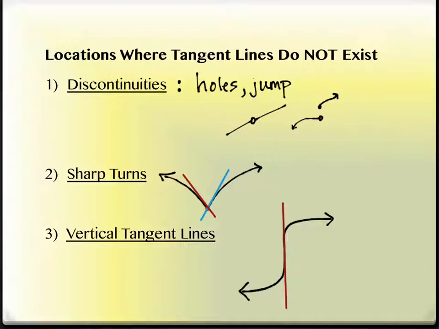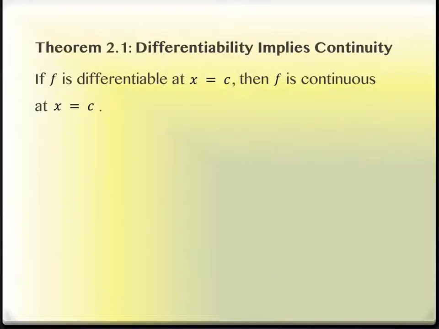Now, you might be looking at that and saying, it seems like there's some sort of a relationship between whether graphs are continuous and whether or not they actually have derivatives. And there is a relationship, at least a one-directional relationship. If you have a derivative, if it's differentiable, then you automatically have something that's continuous.